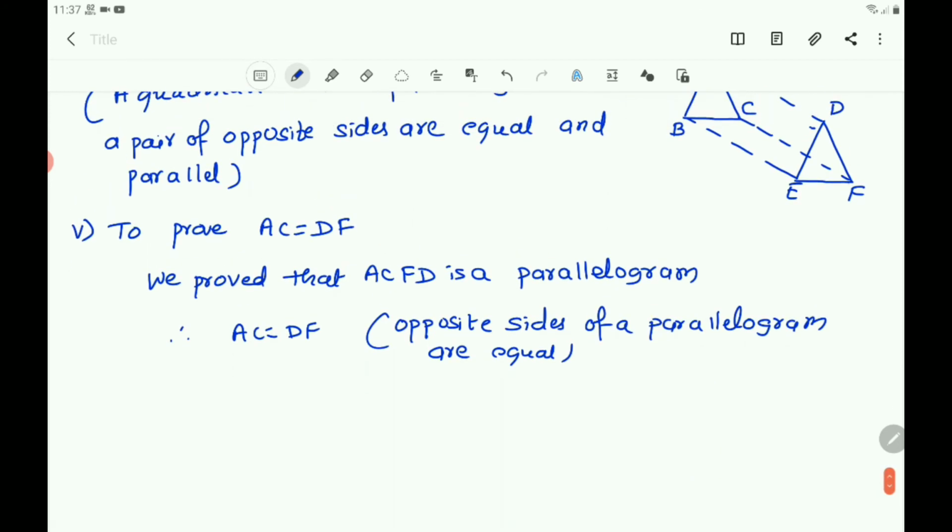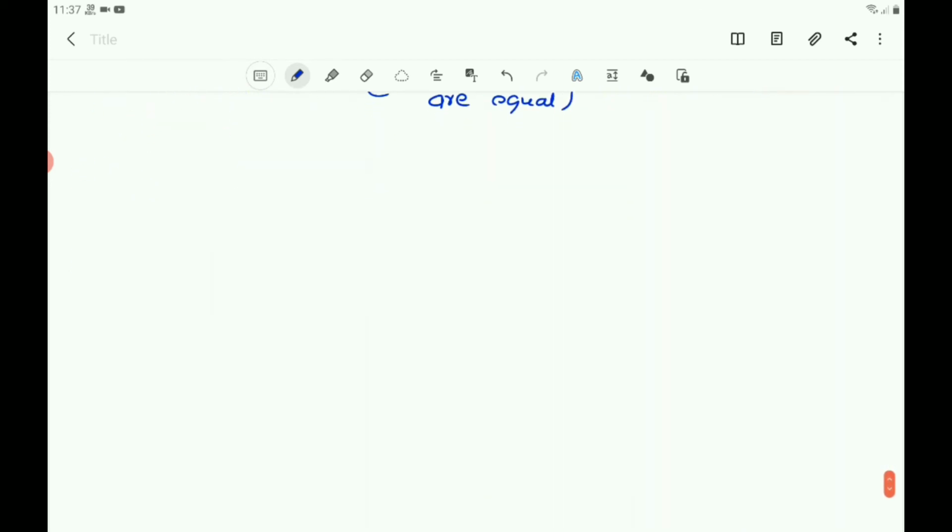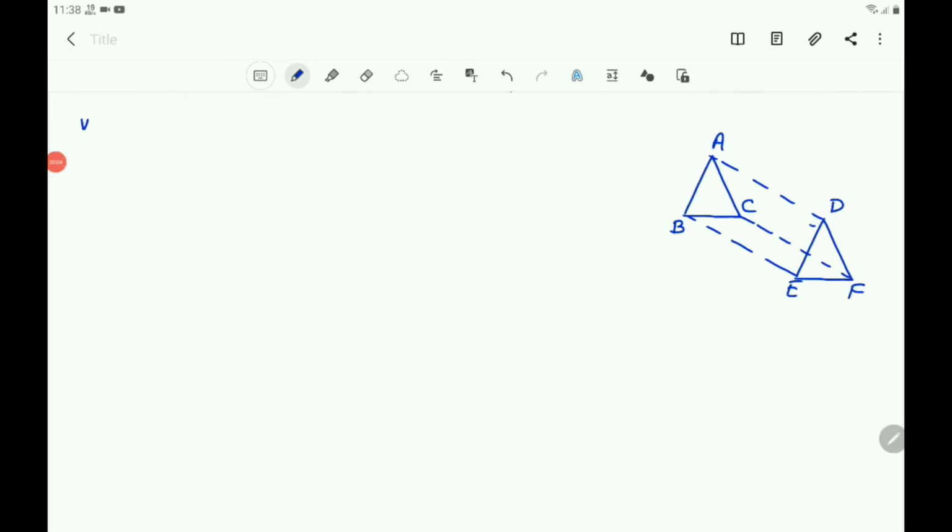Next, sixth one. What have to prove here? Sixth one, to prove that triangle ABC is congruent to triangle DEF. So you write the names of the triangles.